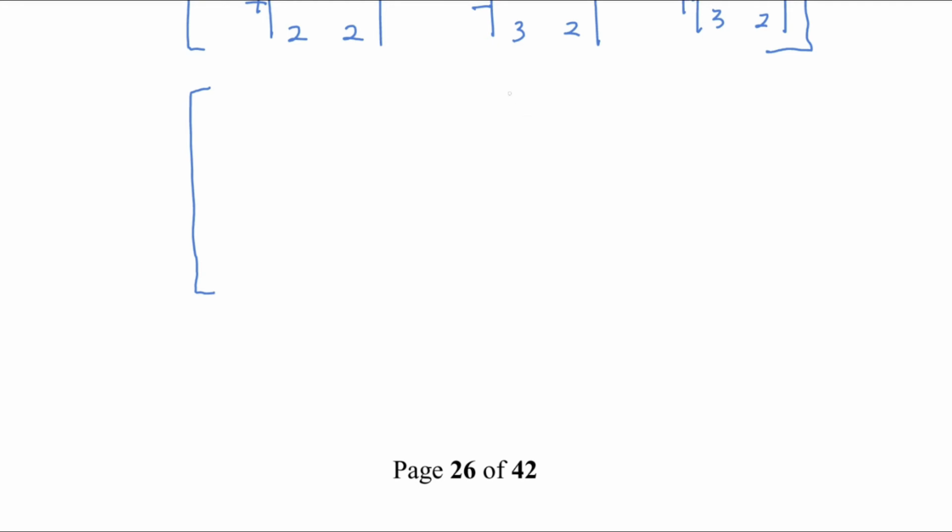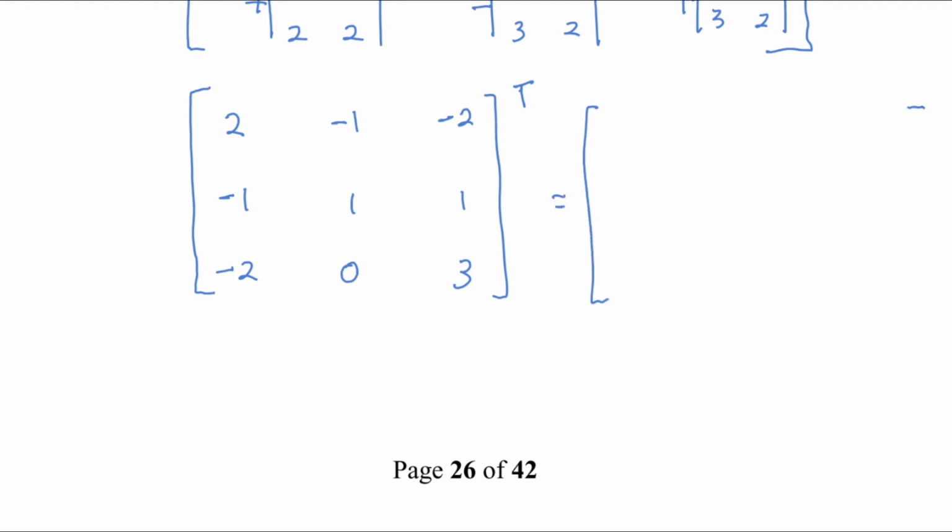You will have 2, negative 1, negative 2, negative 1, 1, 1, negative 2, 0, 3. So what is the transpose of these? It is 2, negative 1, negative 2, negative 1, 1, 1, and negative 2, 0, 3. Understand?